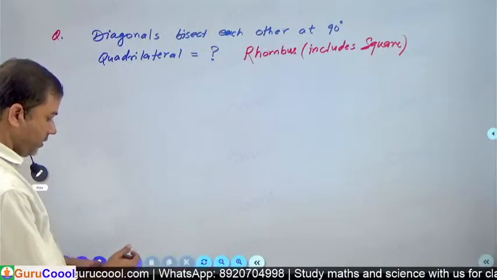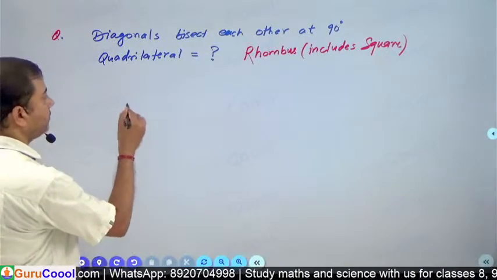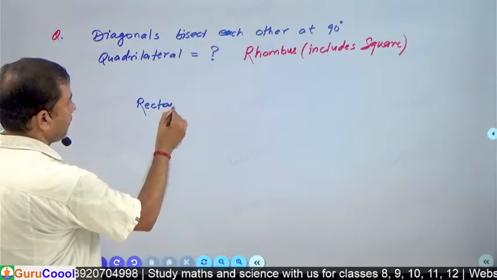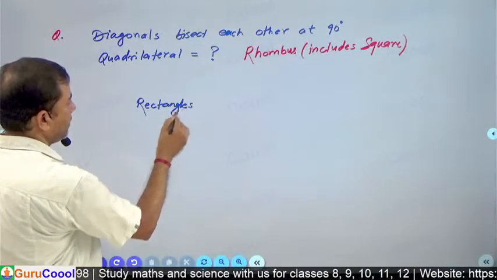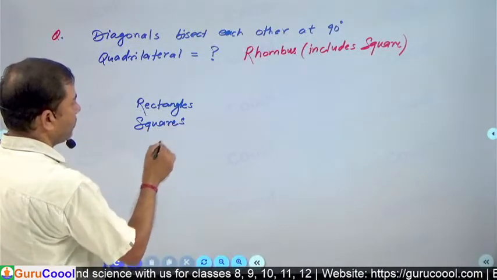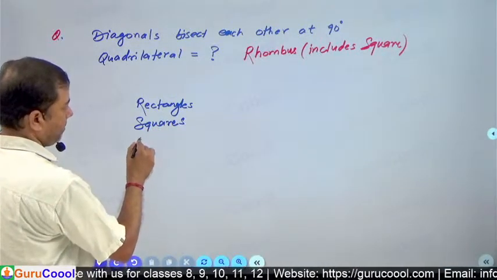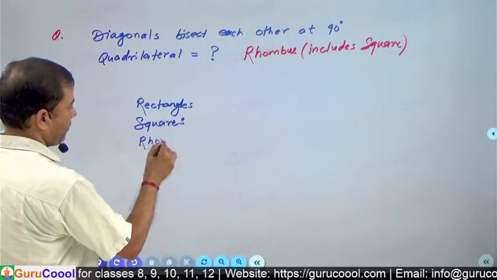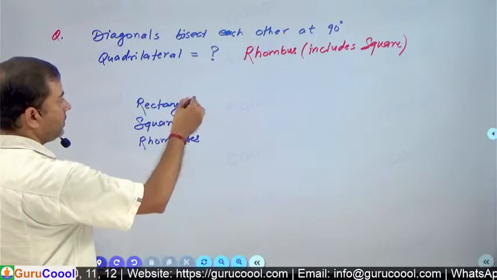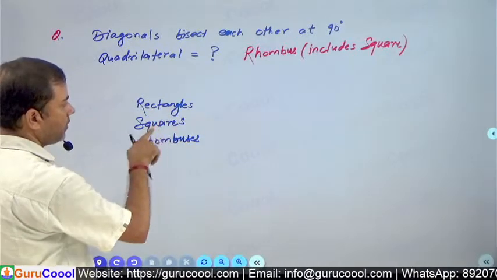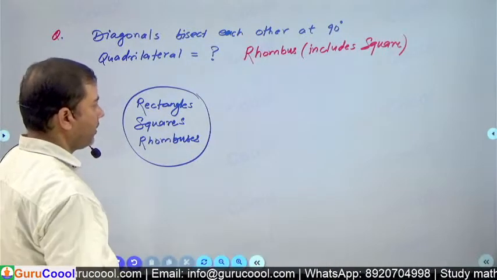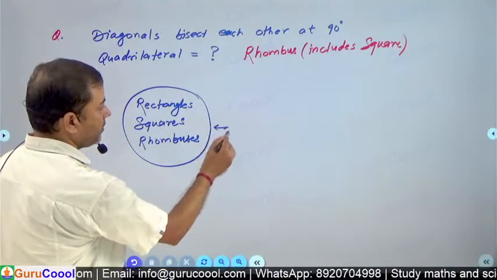Okay. If we have rectangles, squares, rhombuses, all the rectangles, all the squares, all the rhombuses in a circle, so what should be the name of the circle?